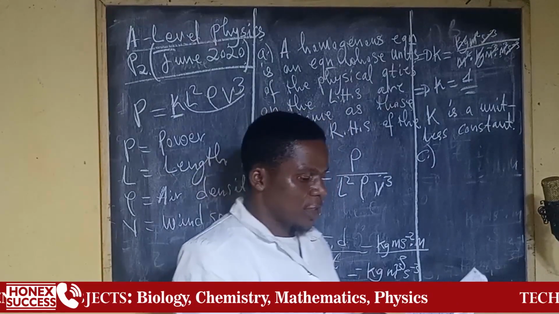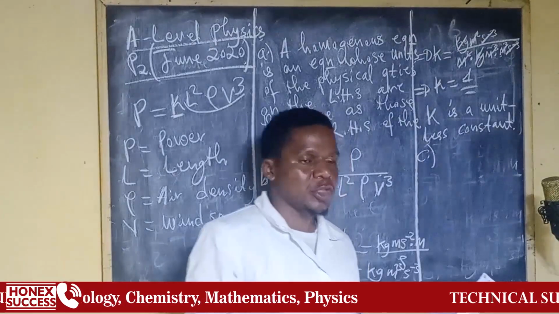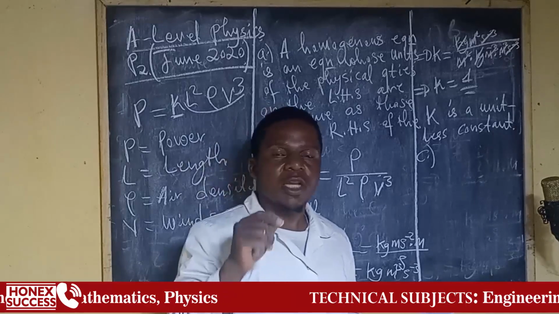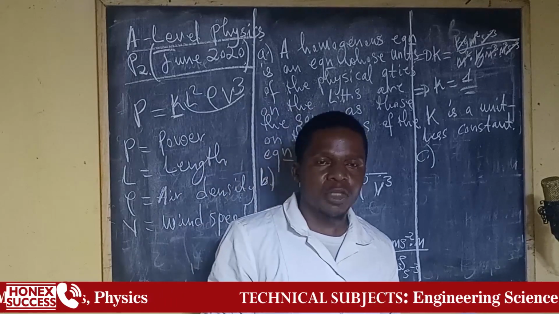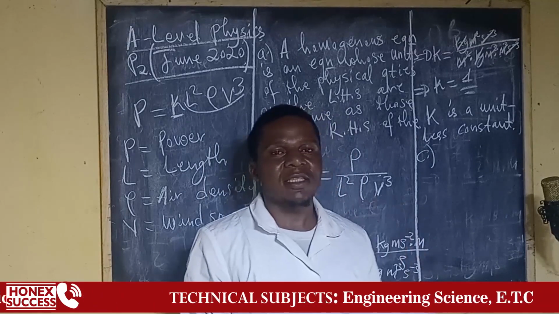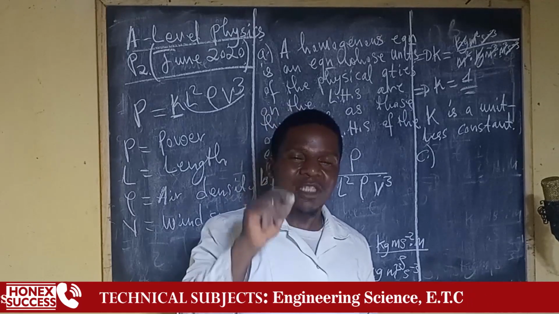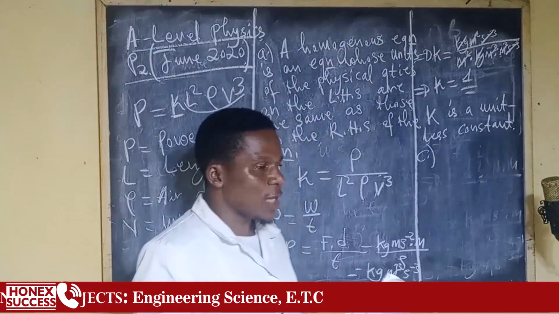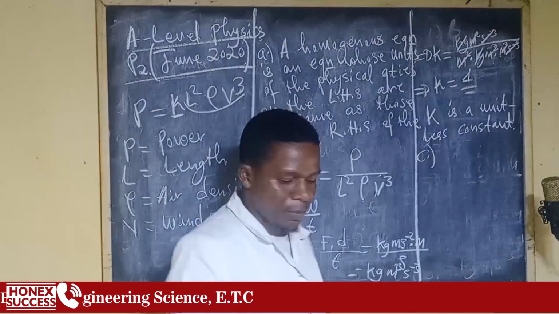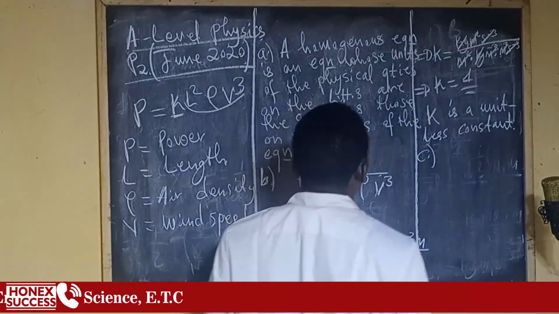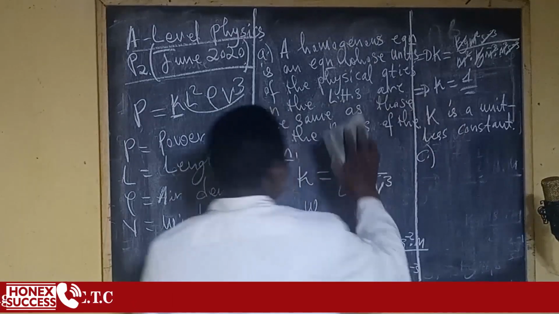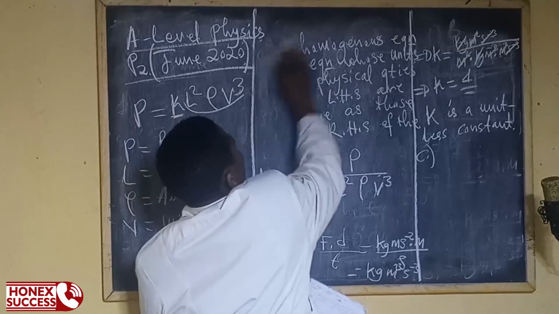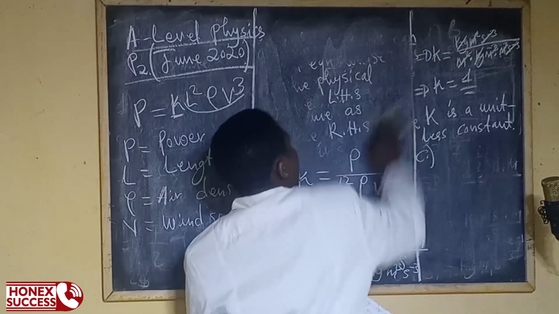When you are using homogeneity to check the correctness of a physical equation, you realize that there are some aspects that homogeneity does not hold. What are those aspects? Let me put them on the board right away. Permit me to wipe here.